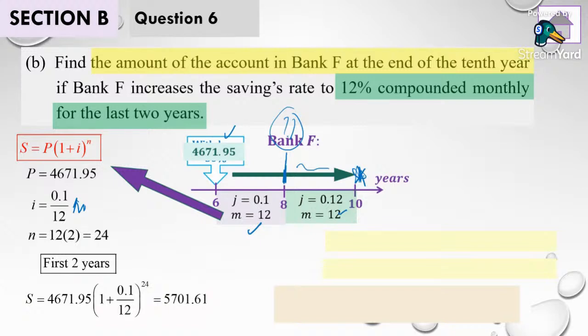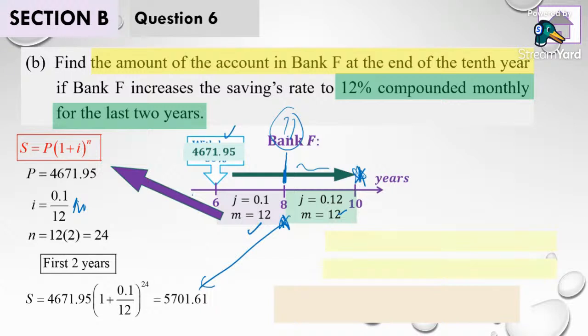Accordingly, I have 5701.61. So this is the amount that we have at the end of the 8 years.